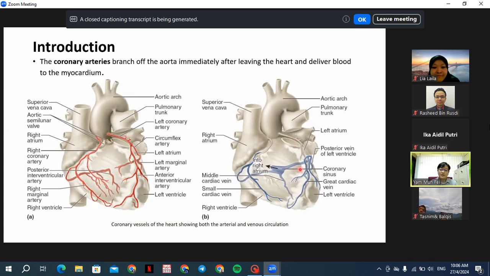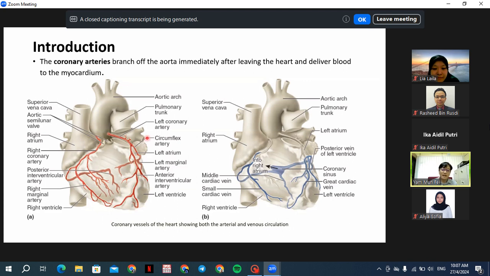Okay, as usual, before we go into detail, you need to understand the basic concepts. For this topic, you need to understand the anatomical structures of the heart, because angina pectoris is contributed by the coronary artery.